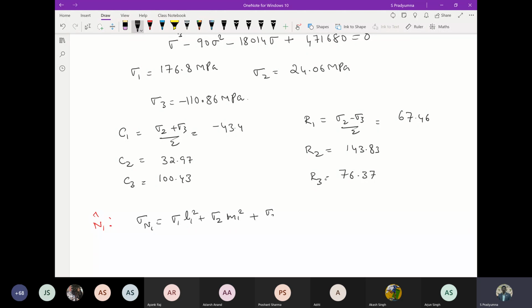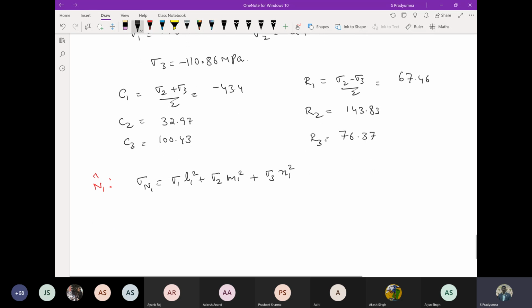These equations we have already derived earlier. And similarly, tau S1 is equal to sigma 1 square L1 square plus sigma 2 square M1 square plus sigma 3 square N1 square minus sigma N1 square.